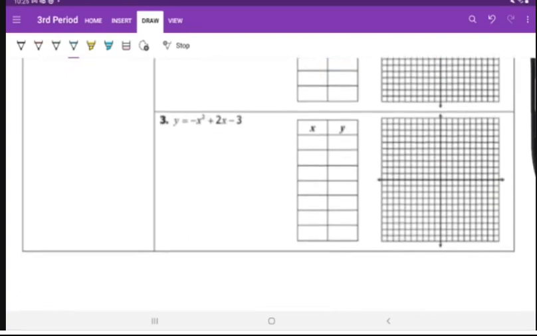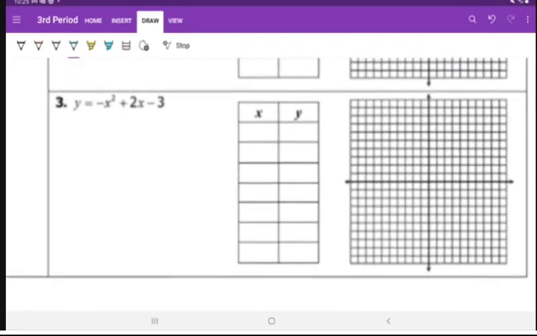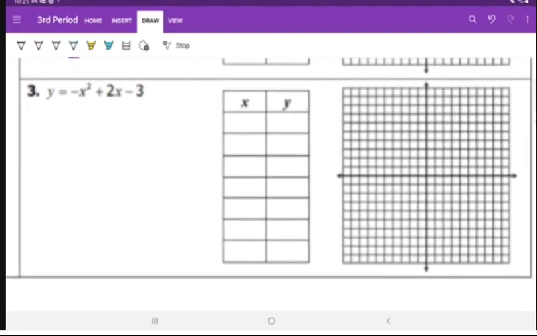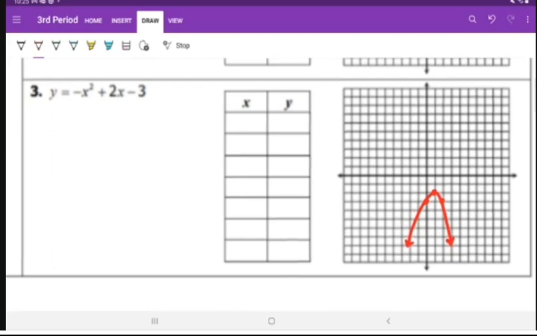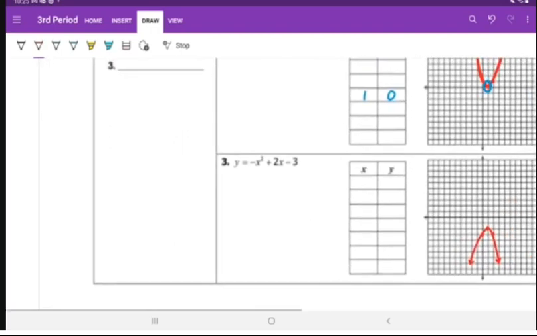Number 3 was a little bit tricky because as you created your table and started to draw your parabola, you might have noticed that our vertex was down here and our parabola headed in the downward direction. So it actually never crosses the x-axis at all, which means that this one has no solutions.